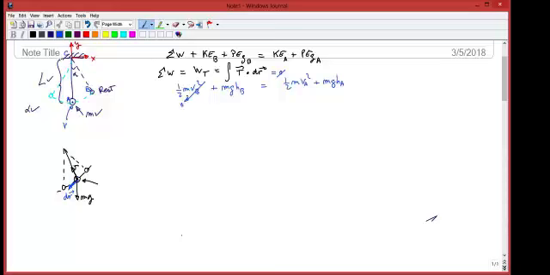Next one, mgHB. When we are at position B, are we located on the x-axis that we've chosen? Nope. Therefore, we're going to have to keep this term. So now the next step is let's try to figure out what HB is. Obviously, B is below the x-axis.